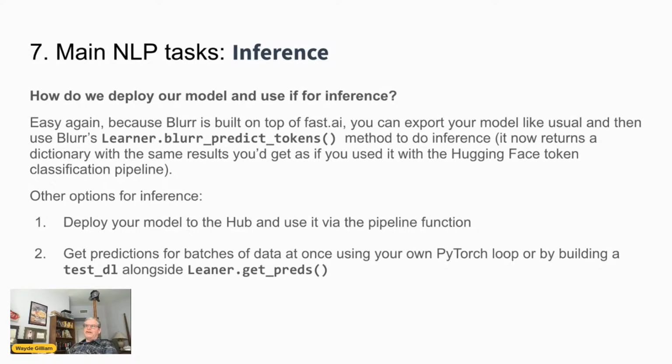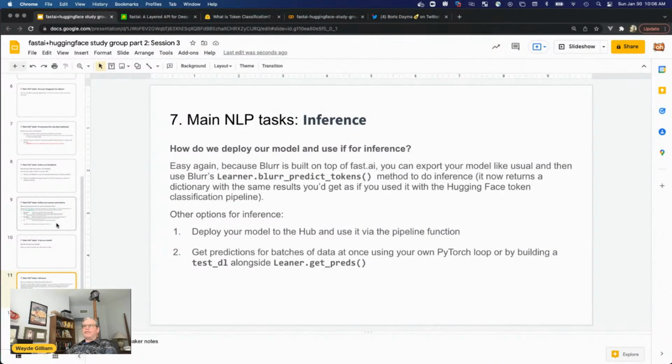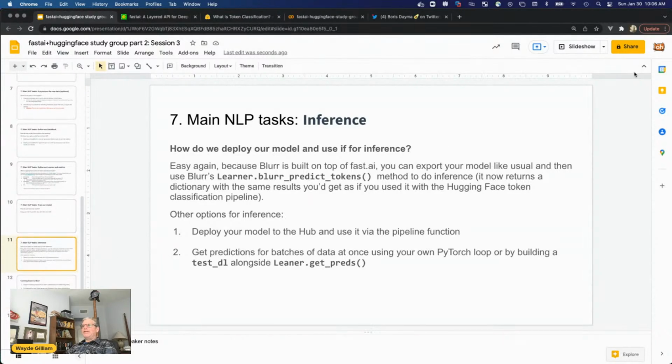If you're training, let's say, on data frames, and you get a CSV file of a bunch of data you want to do predictions on, you can convert that to a data frame, pass that to the test_dl function, get a data loader, and run it through learner.get_preds, then process the predictions however you will. That's another approach to doing batch inference. Maybe if there's folks that are interested, as we get to the last session, I can show you an example of what both of those approaches would look like for a given task.